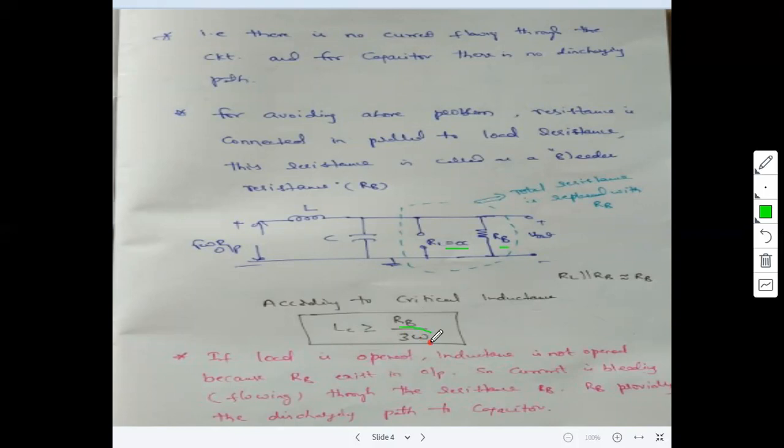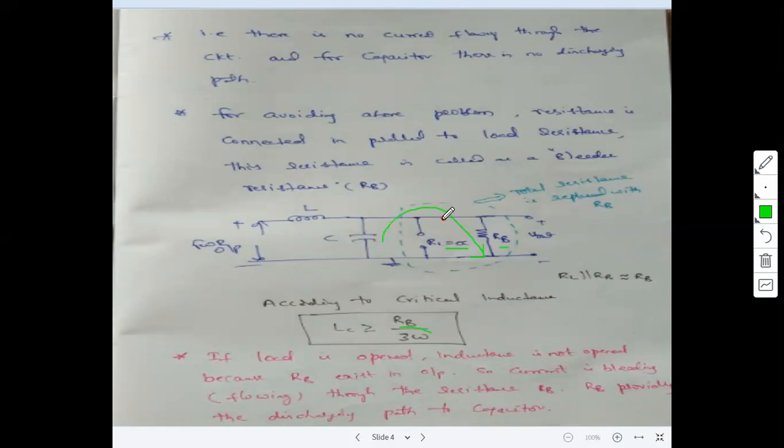Now even though the load is open, or RL is equal to infinity, the capacitor discharges through resistor RB. Now there is no voltage across the capacitor terminals.